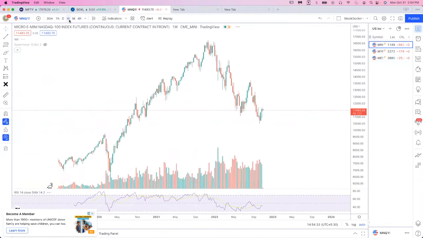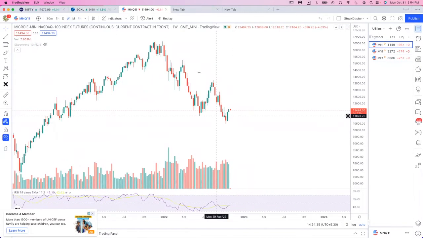In the weekly chart you can see that the previous to last week and before that it has created a bullish engulfing pattern, and right now it is respecting that pattern, because after that pattern it has not broken below it. The pattern will be invalidated once it starts trading below 10,400, 10,500.